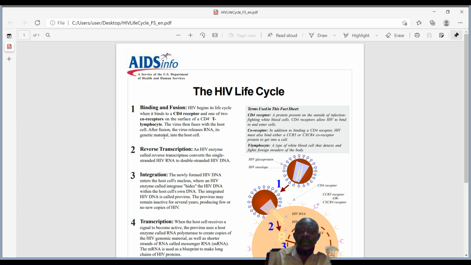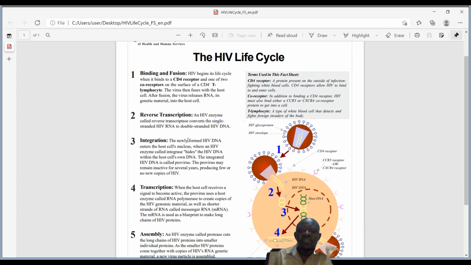Then, during the process of fusion, the HIV genetic material enters the host cell. Then, during reverse transcription, the enzyme reverse transcriptase is going to change the HIV single-stranded RNA to a double-stranded HIV DNA.